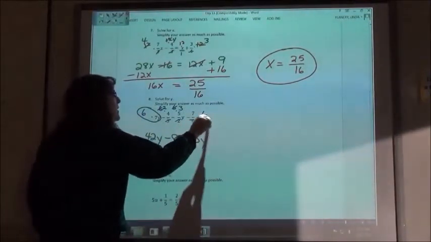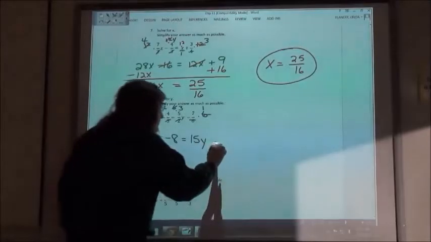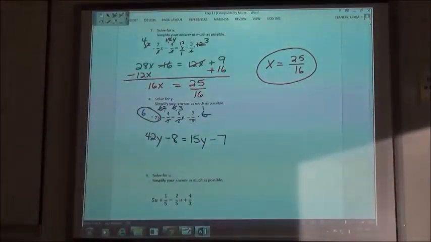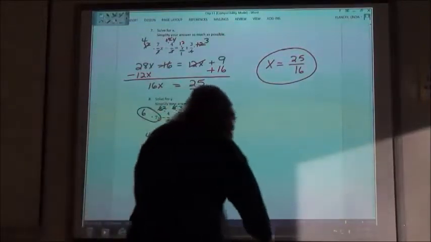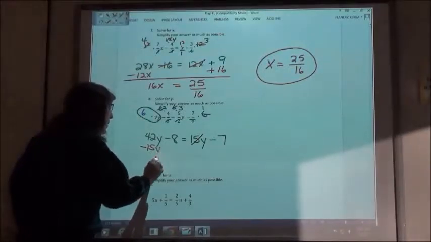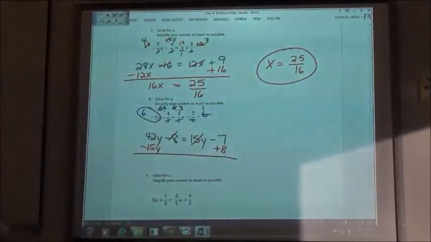And then 6 goes into 6 1 time. 1 times 7, so we get -7, right? So we're going to minus our 15y plus our 8, exactly.